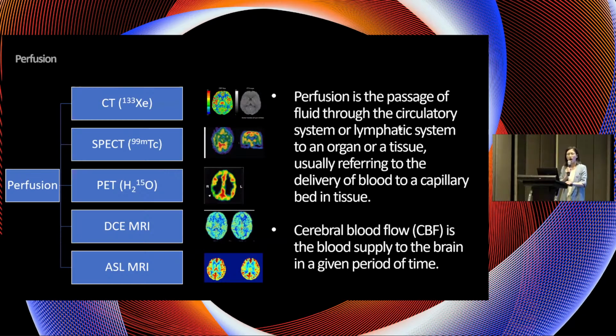ASL offers a non-invasive assessment of brain perfusion, making it potentially very useful in research and clinical studies. And furthermore, ASL is very useful for tracking CBF changes over time due to recovery and therapy.